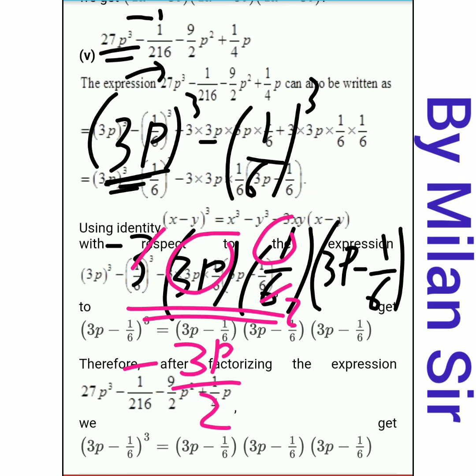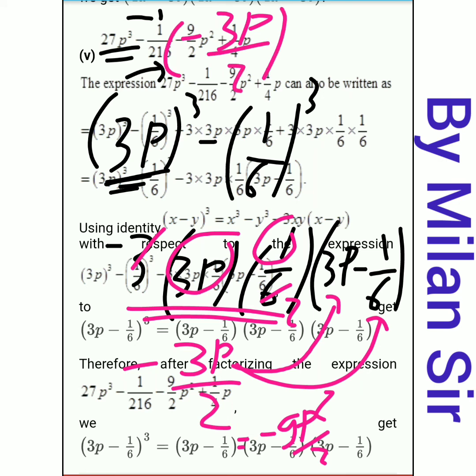Now if we multiply minus 3p by 2 with 3p, in the numerator first of all plus minus minus, 3 3s are 9p square, minus 9p square, and in the denominator we have 2. So minus 9p square by 2. And if we multiply this minus 3p by 2 with minus 1 by 6, minus minus becomes plus.